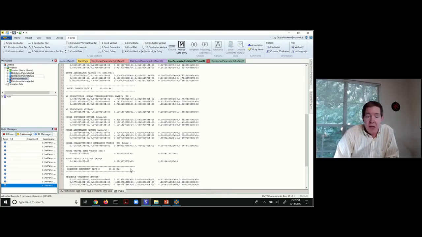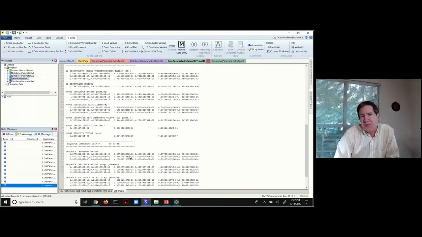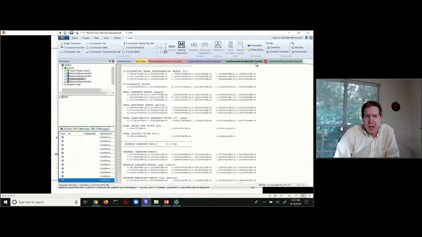So I just wanted to mention that this is what's going on within the T-line program: it's computing its own customized Karrenbauer-type transformation matrix, so you don't have to worry about whether things are transposed or not. Anyway, I went over two examples for single phase, and I've also got an example for three phase that I set up to show you how PSCAD would work.